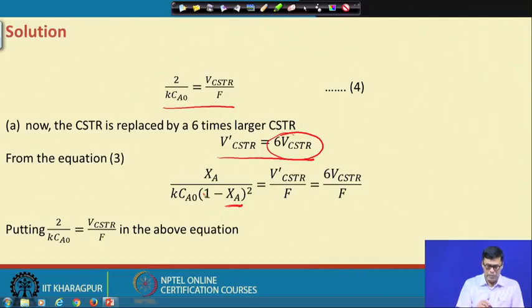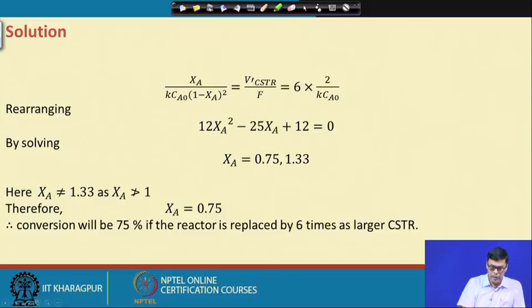This is the same equation we have written previously, and we can write the expression like this: this is equal to 6 times V_CSTR by F, which is 6 into 2 by k.